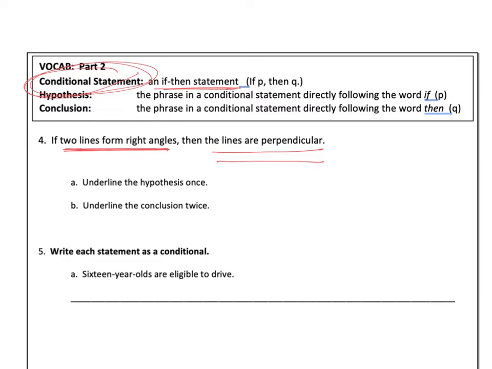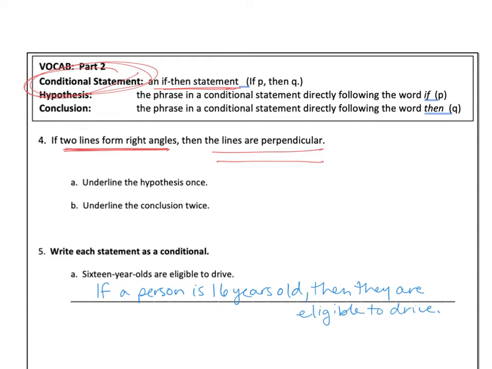What if we say, if a person is 16 years old, then they are eligible to drive. We have changed that sentence into a conditional, an if-then sentence.